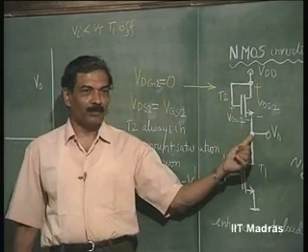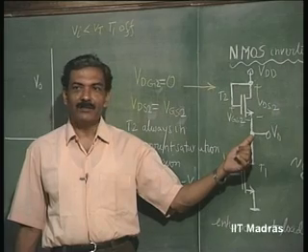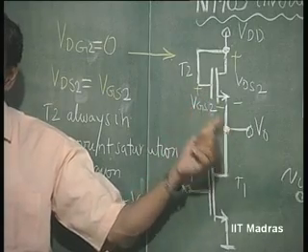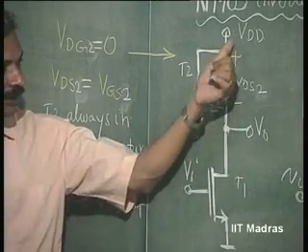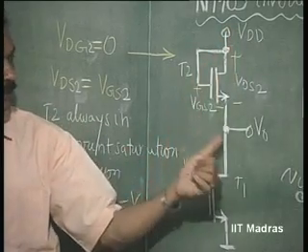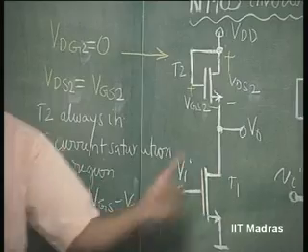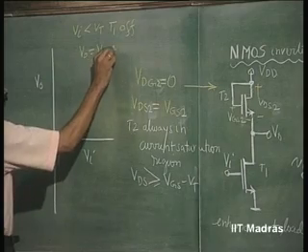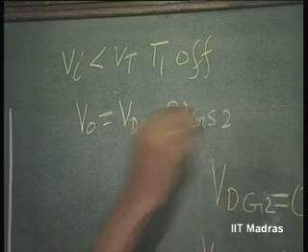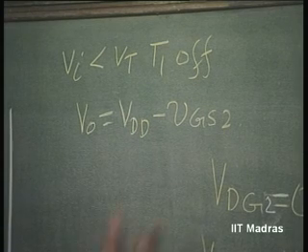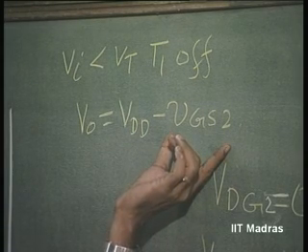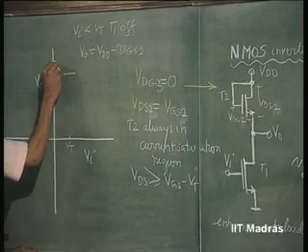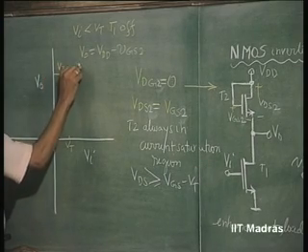Therefore, VGS2 drop of Vt is always going to be there, whether it is 0 current or higher current, it will be higher correspondingly. So, this voltage V naught is equal to VDD minus VGS2 always. When the current is 0, VGS2 is equal to Vt, and therefore, it is starting at VDD minus Vt.